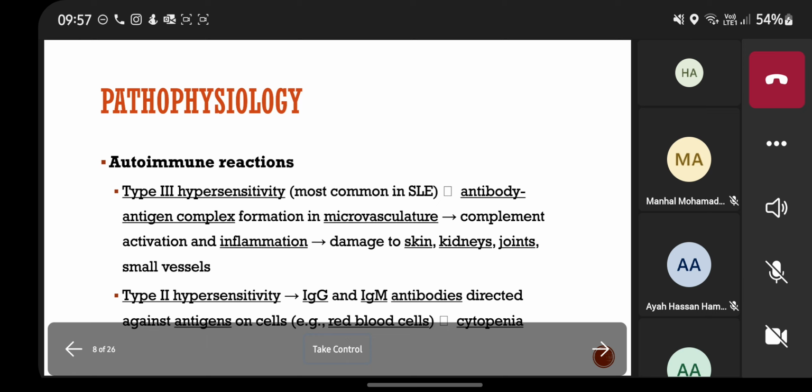So type 3 hypersensitivity is due to antibody-antigen complex formation in the microvasculature, and that formation leads to complement activation and inflammation and damage to the skin, kidney, joints, and multiple organs or systems. Type 2 hypersensitivity is IgG and IgM antibodies directed against antigens on cells like red blood cells that cause hemolytic anemia or cytopenia.